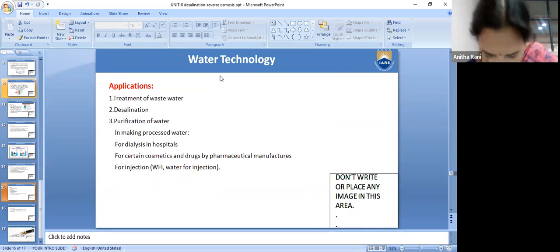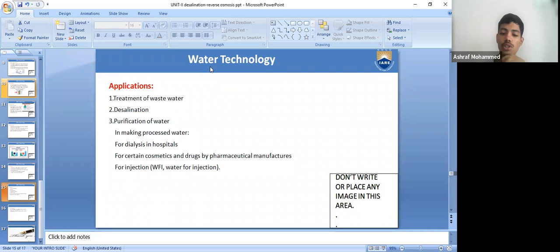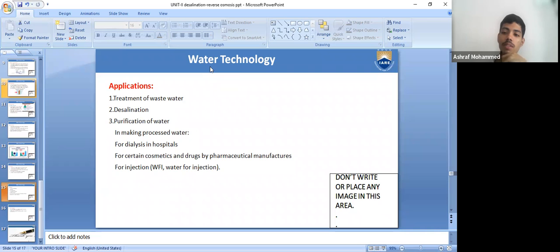Reverse osmosis. So tell me students, what is osmosis? Solution flowing from higher concentration. Not solution, solvent.